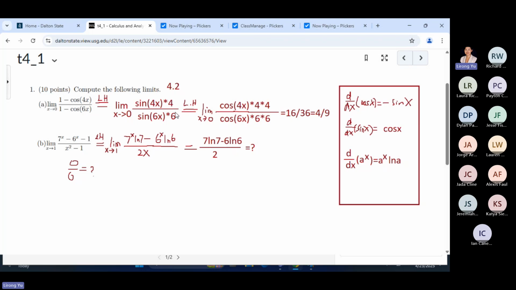You do have to remember the formula: the derivative of 7 to the power x is 7 to the power x times ln of 7. The derivative of 6 to the power x is 6 to the power x times ln of 6. So basically the derivative of a to the power x equals a to the power x times ln of a. I write the formula on the side.